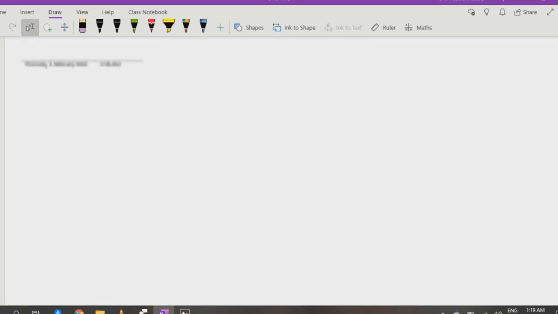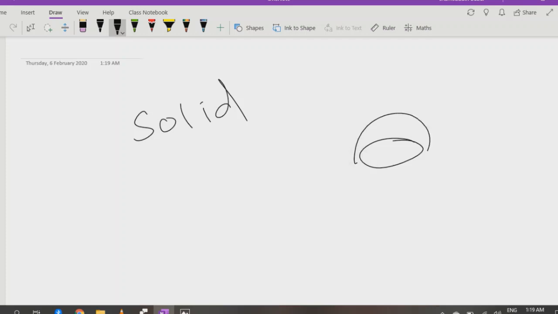I have to mention here that I am talking about solid bodies. For example, you have been given a hemisphere, and you have to find its center of gravity.